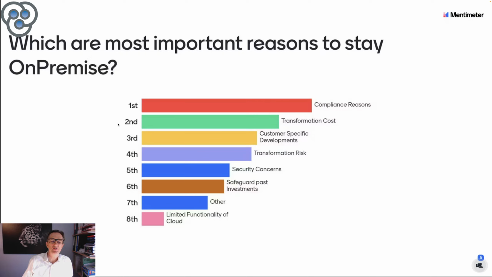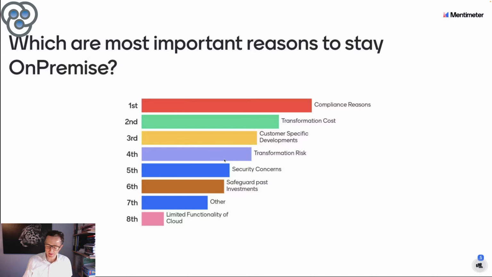So transformation cost is certainly a big reason, because then we know it is not for free. Yeah, there's no free lunch. Transformation is an investment, and it's not always wanted, obviously. And then third is customer-specific developments. So that is what we'll be focused on today.